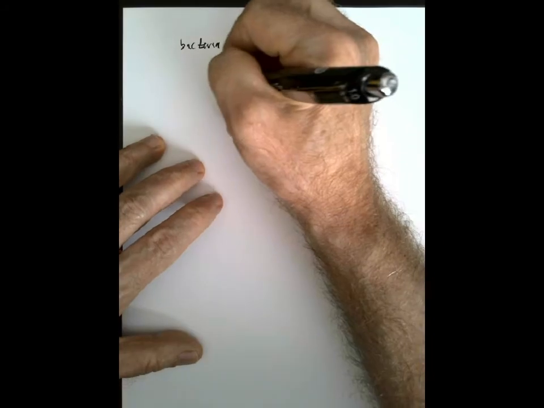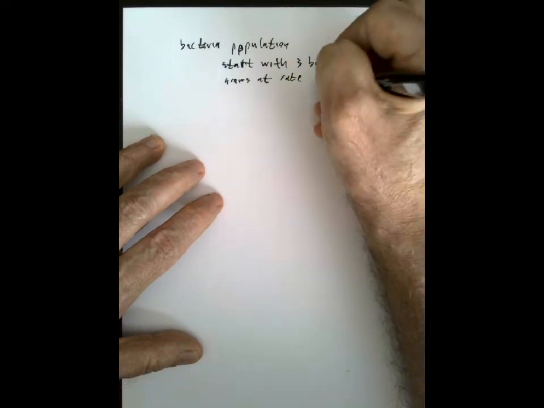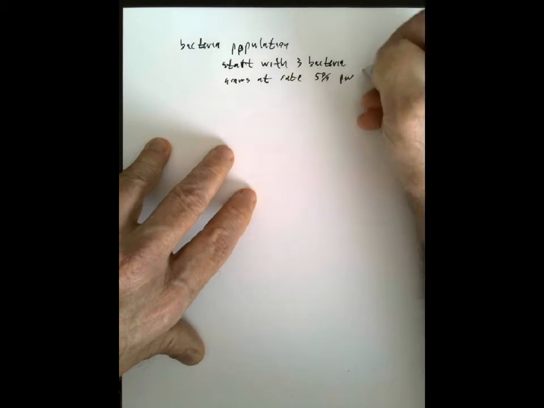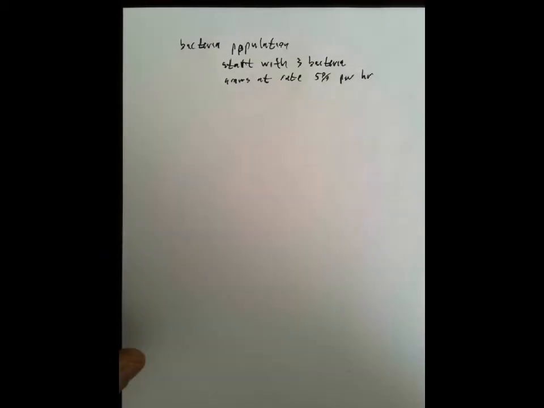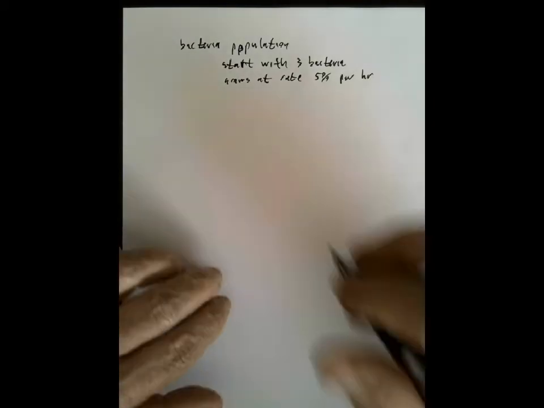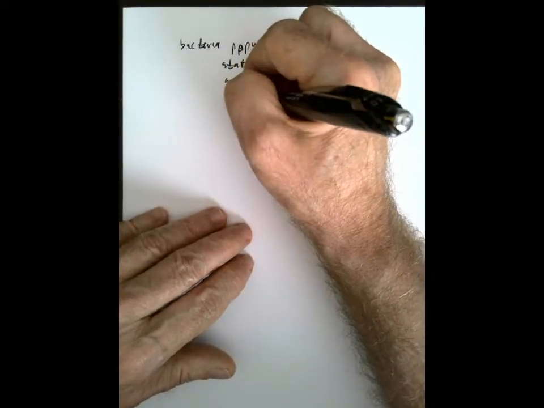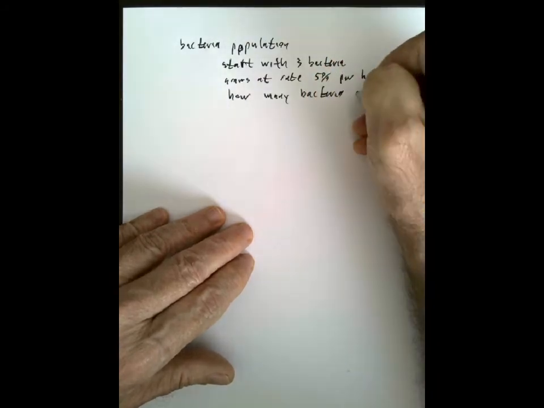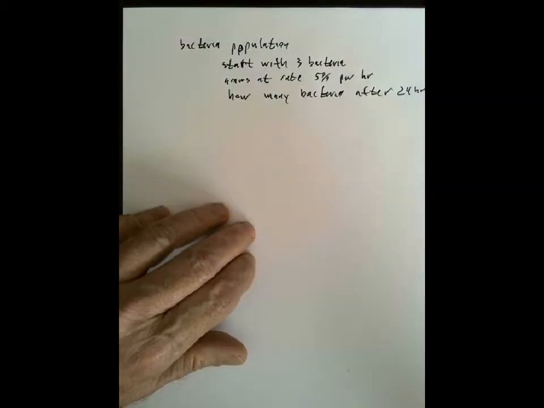Let's say this bacteria grows at a rate of 5% per hour. Okay, so they're dividing, and they're growing at a rate such that the population grows by a cumulative rate of 5% per hour, right? Okay, so how many bacteria are we going to have? Let's say only 24 hours, just one day.